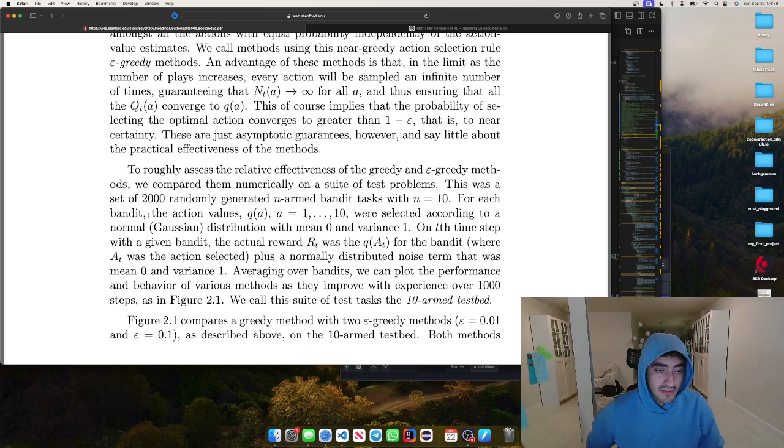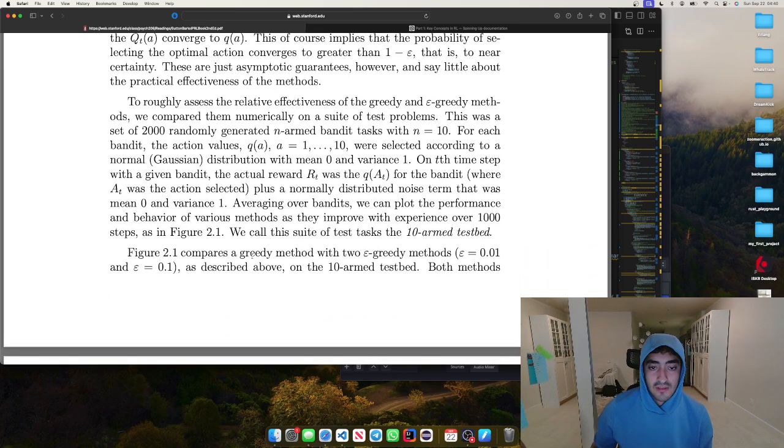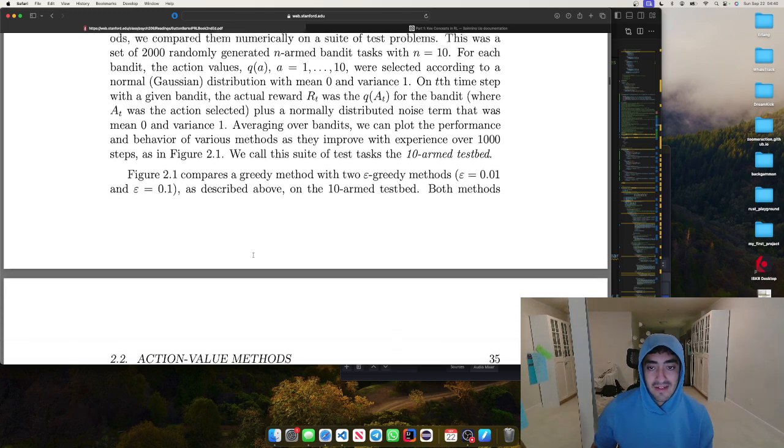On the t-th time step with a given bandit, the actual reward R_t was q*(A_t) for the bandit, where A_t was the action selected, plus a normally distributed noise term with mean 0 and variance 1. Averaging over bandits, we can plot the performance and behavior of various methods as they improve with experience over 1,000 steps. We call this suite of test tasks the 10-armed testbed.